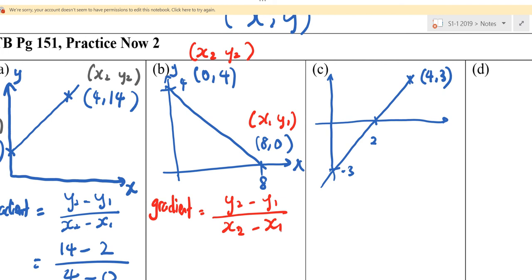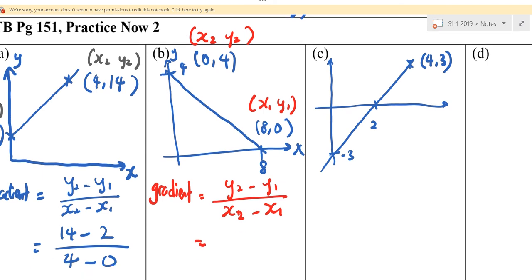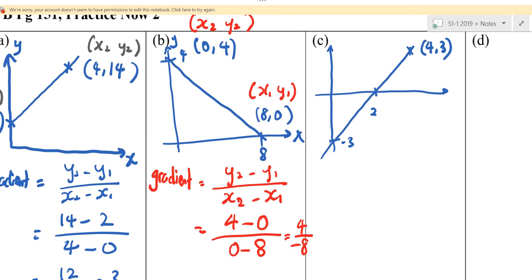And what is the y2 now? 4 minus 0. What about the bottom? 0 minus 8. So what's the answer? 4 over minus 8. If I press the calculator, I still get minus half.